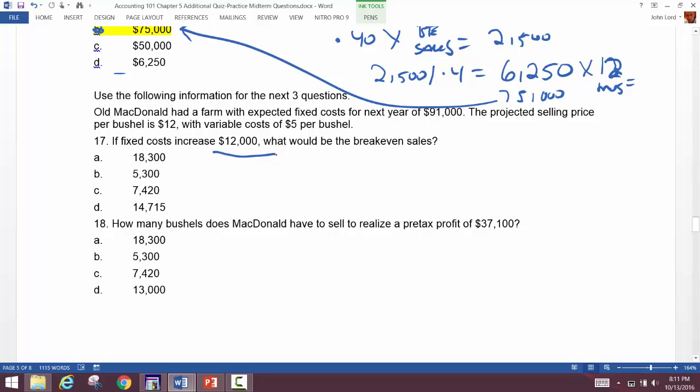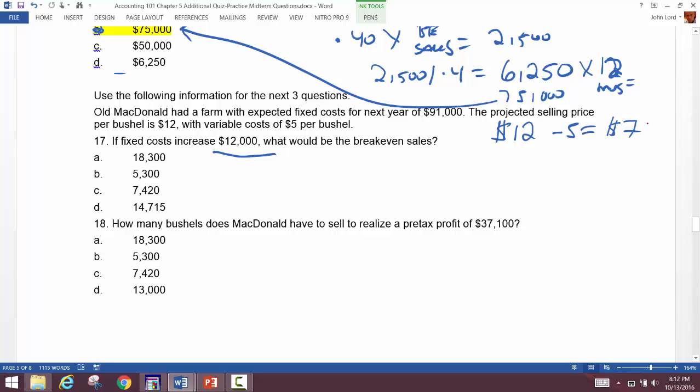Who wants to set this one up? Okay. So we have the $12 minus 5. Great. Thank you. Is what? Contribution margin per unit $7, right?